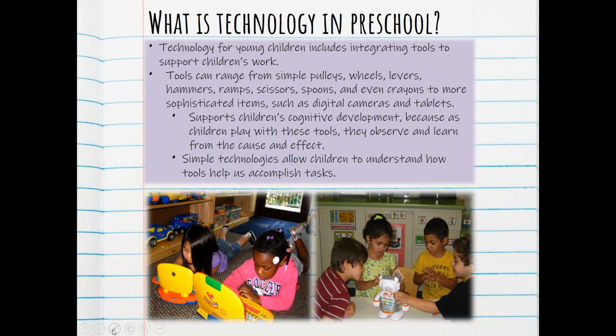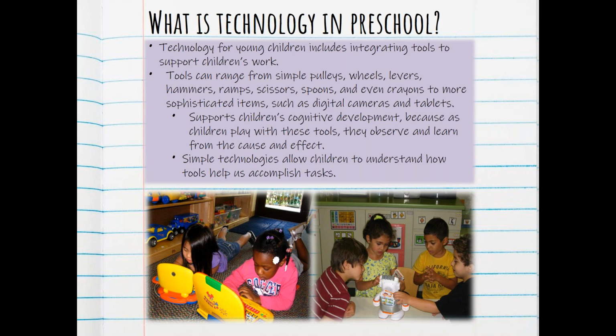So what is technology in preschool? Technology for young children includes integrating tools to support their work. And we have different types of tools that can be used in technology.